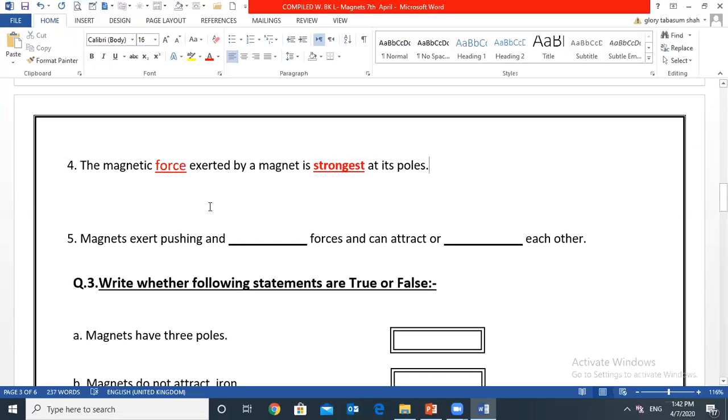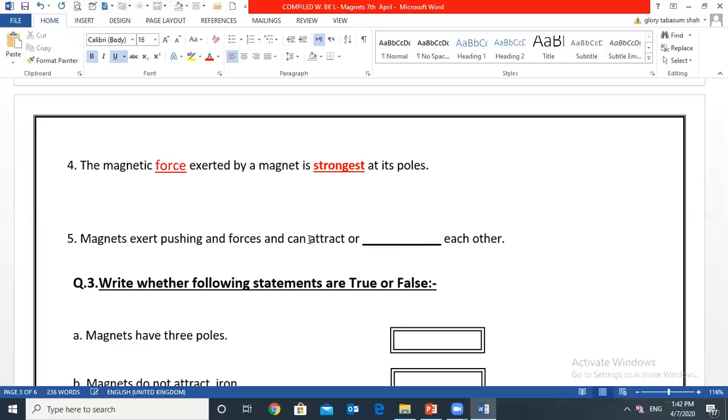Now number 5. Magnets exert pushing and dash forces and can attract or dash each other. Magnets exert pushing and pulling. Pushing and pulling.